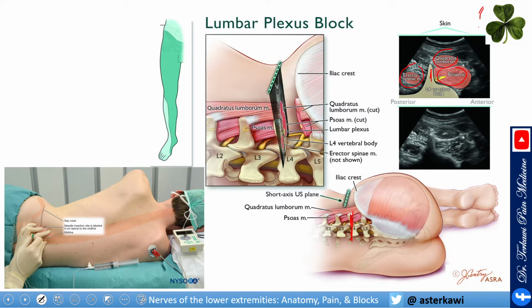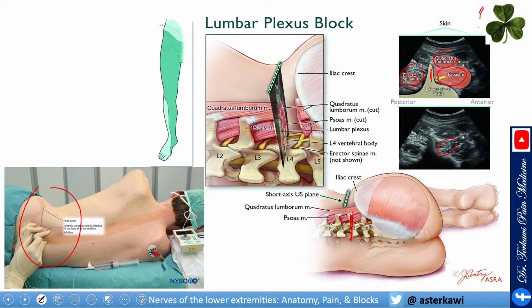So as you see, the lumbar plexus is really within the psoas major muscle. It's posterior medial, just anterior to the transverse process. So back in the days, this used to be a landmark technique block where you just draw a line 4 centimeters from the midline, and you go with your stimulator and look for the contraction.